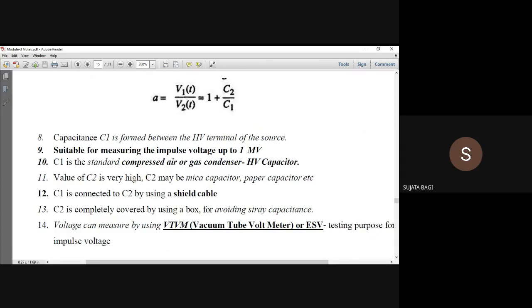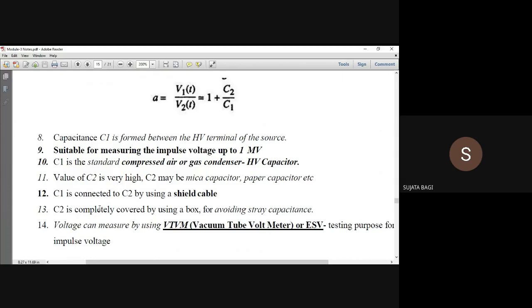C2 is very high, and may be a mica capacitor or a paper capacitor, the materials used for manufacturing the C2 capacitor. C1 is connected to C2 by a shielded cable.